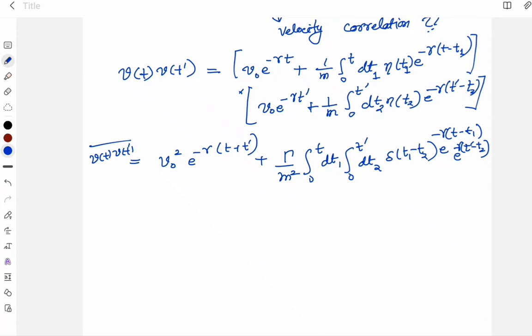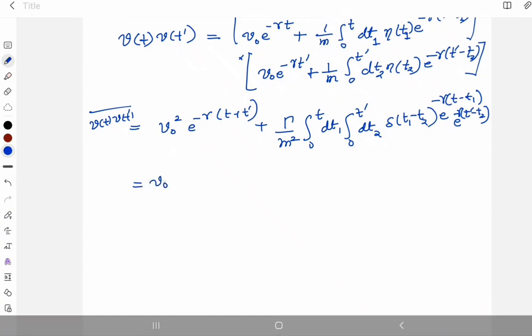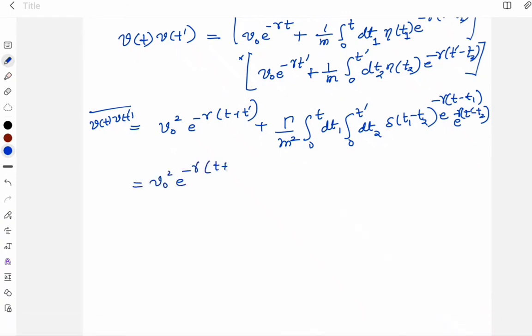Now let us do this integration. Since there is this delta function, the limits are like this: on one axis we have t1, on the other we have t2, and t2 goes from 0 to t', and t1 is from 0 to t.